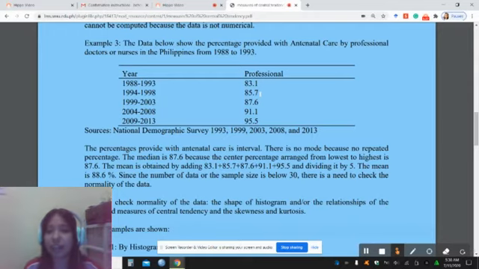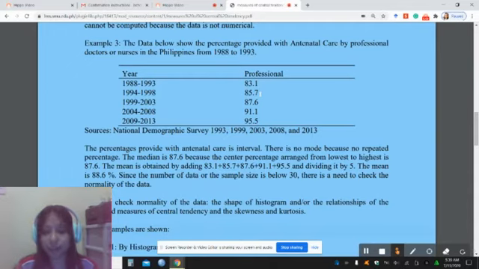However, in case, for example, we have 83.1, 85.7, 87.6, 91.1, and 95.5, and each appears the same number of times, the mode is multimodal and it includes all the numbers. If each appears only once, we report it as no mode.